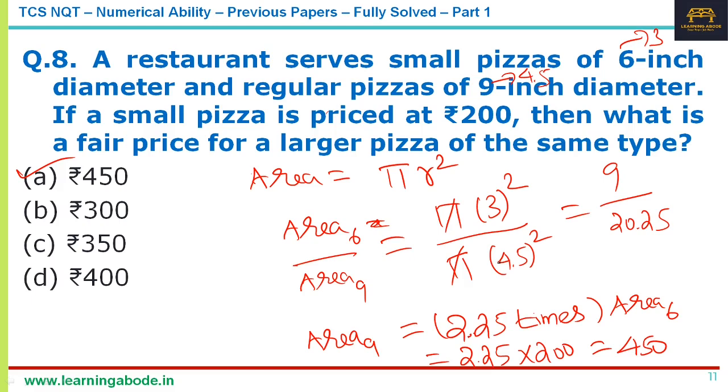The square of 1.5 is 2.25, which all of us know, right? So the moment you look at the question, 1.5 times squared gives 200 into 2.25. Again from the answer choices, you can just mark 450 as the answer for question number 8.